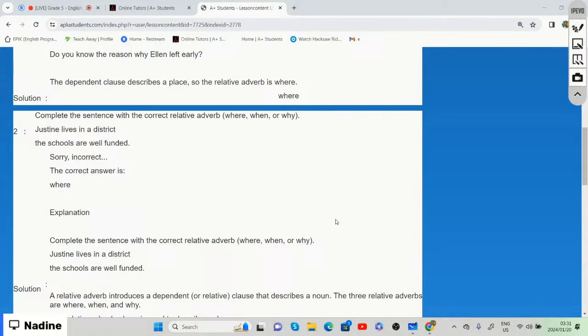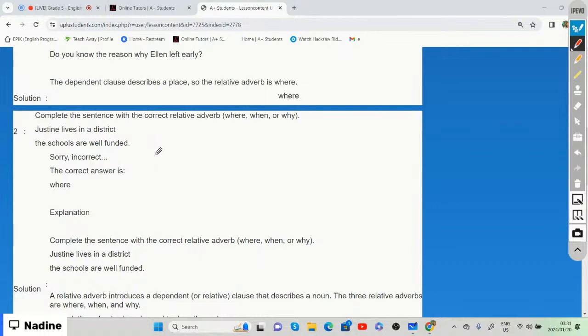So Justine lives in a district. Do we say where the schools are well funded? Do we say when the schools are well funded? Or do we say why the schools are well funded?